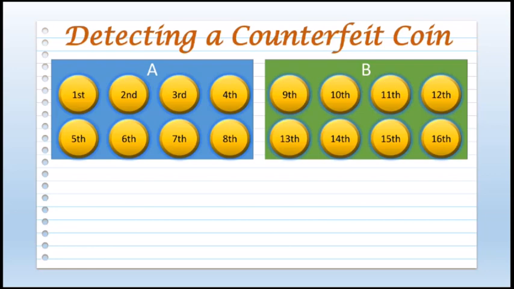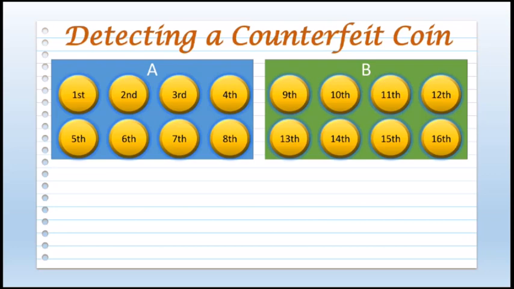Now we will try to find out where the exact counterfeit coin is present, or whether it is present or not. The given 16 coins we have divided into two separate groups, A and B. Now we will compare the weight of group A with group B. Whichever group has lesser weight will have the counterfeit coin.